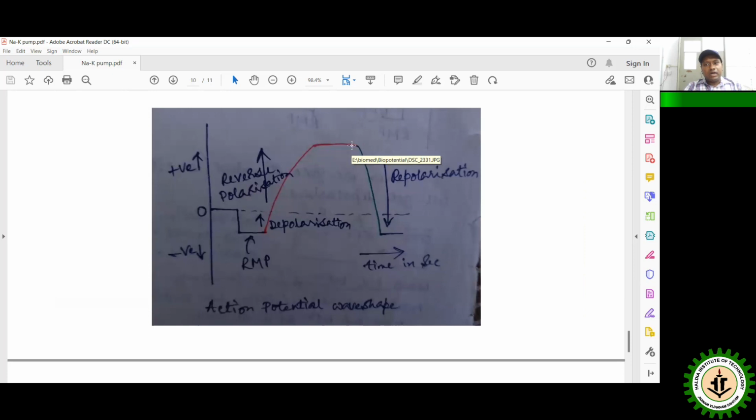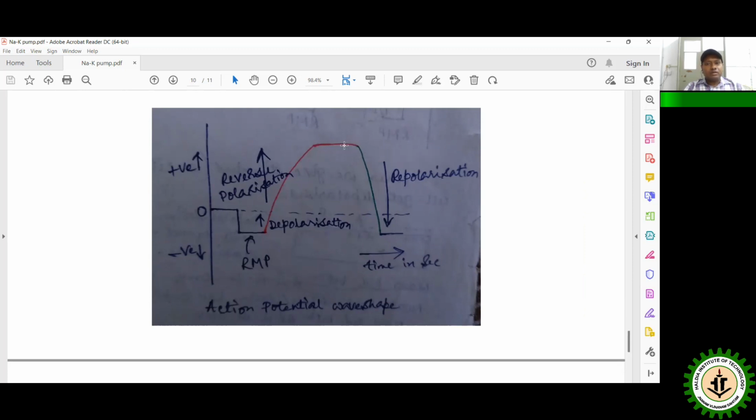As the ion travel time is less for nerve cells, this time will be less as the speed is very high. So the action potential for the nerve cell we will see as just a spike, where the flat top gets a spike nature. But for the muscle cell, as the ion travel time is higher than in nerve cells, we will see this type of flat top, because the ion travel time will be much more.